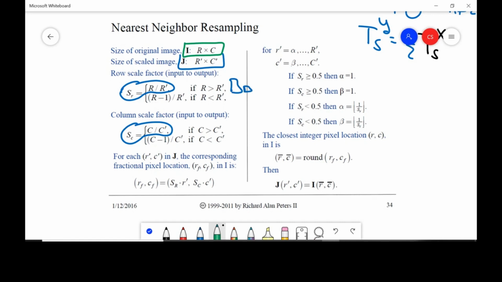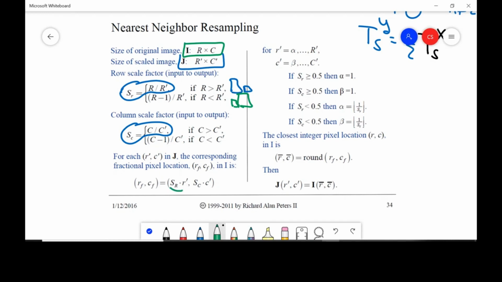And in the other direction, you start with small and go to large. Okay, but let's forget about this distinction and treat both in the same way. The important thing is the scaling, or the ratio, between the original size and the final size. Okay, so now we have these scaling factors.